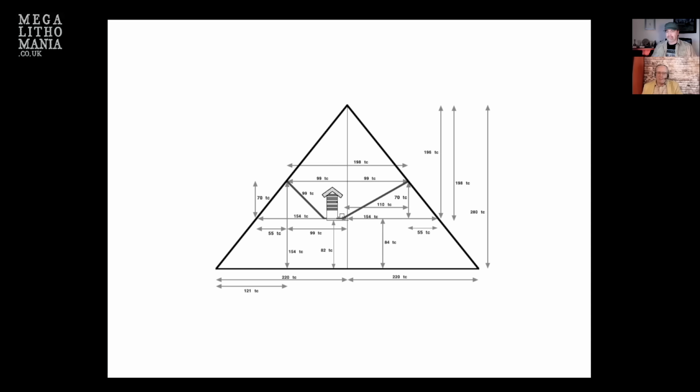If you found something in one of the chambers, the Queen's chamber or the King's chamber, there is no way you could get it out, because it has to go round the join between the ascending and descending passages, and it's not possible to do that. Anything of length, like a sarcophagus, you cannot get out of the pyramid.